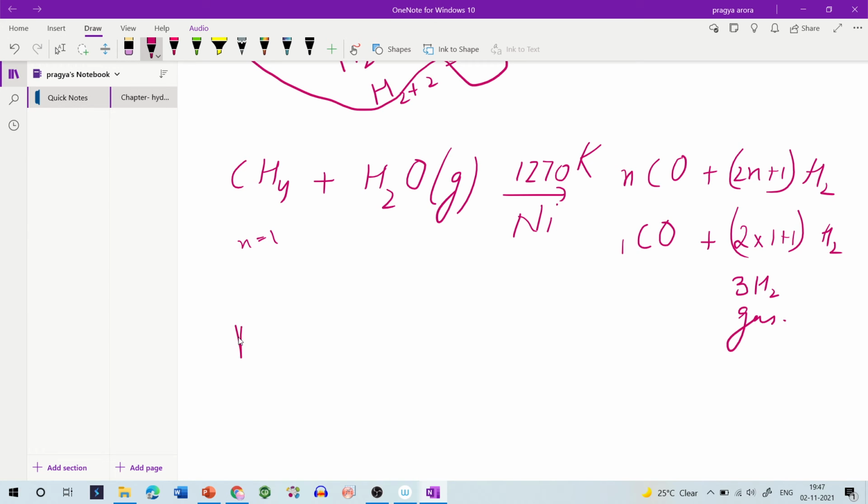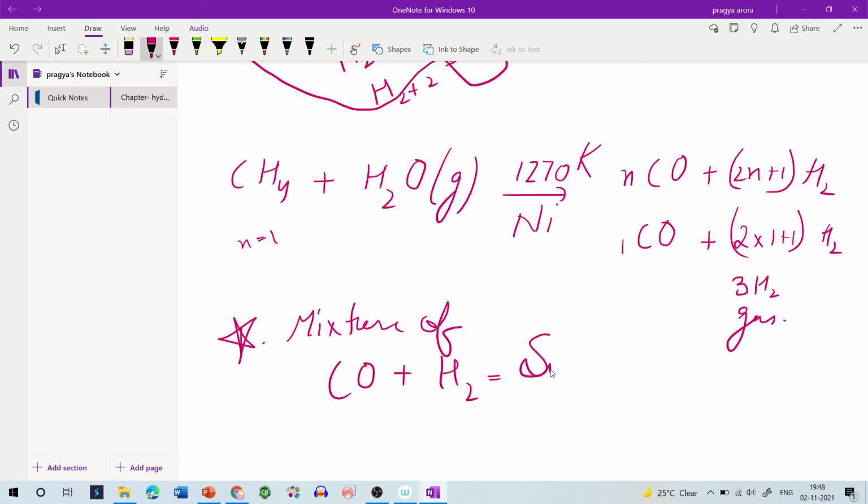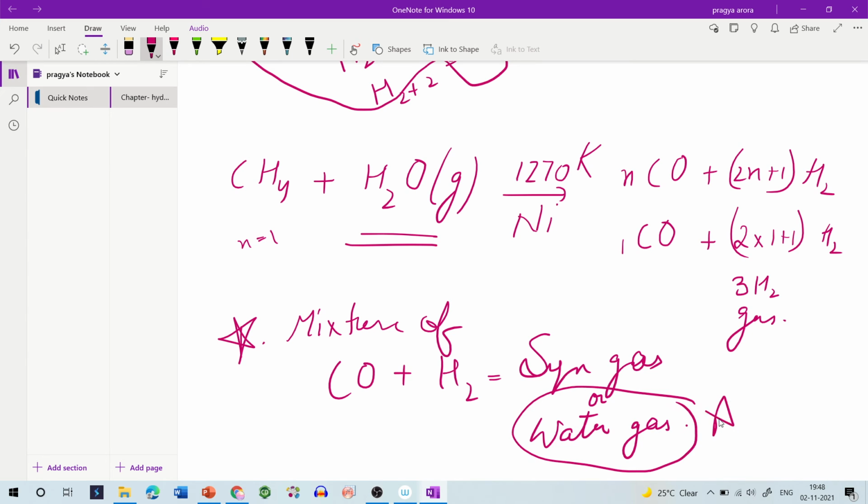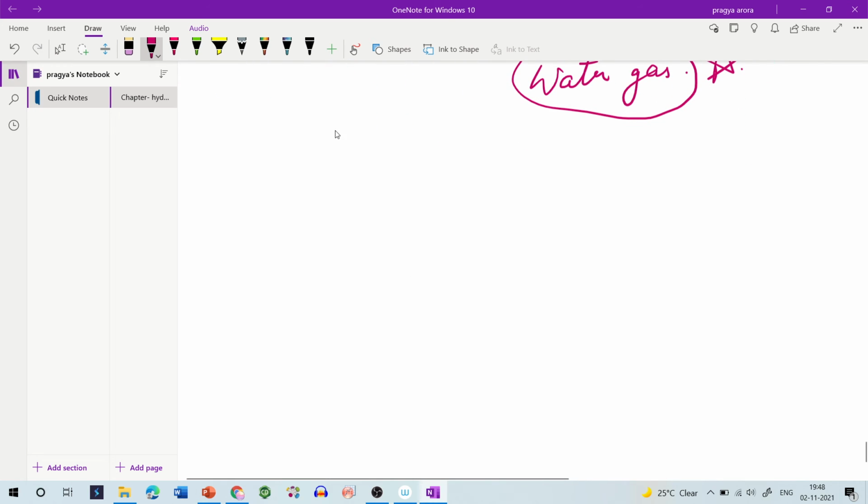Also, one important thing to understand is that the mixture of carbon monoxide CO plus H2 is called syngas or water gas. Since this reaction occurred with water at high temperature, that's why it is called water gas. Now we understood that the CO plus H2 mixture is called water gas.